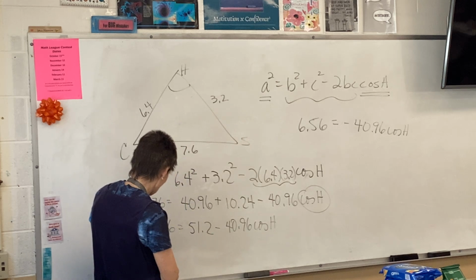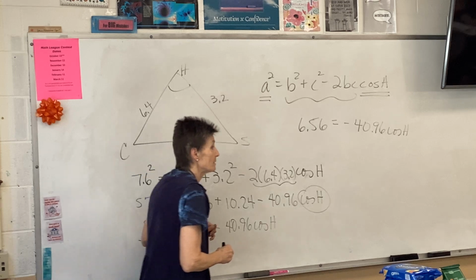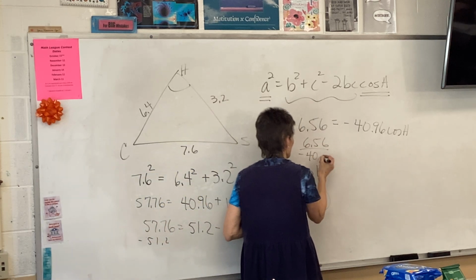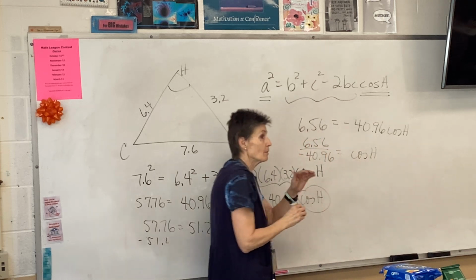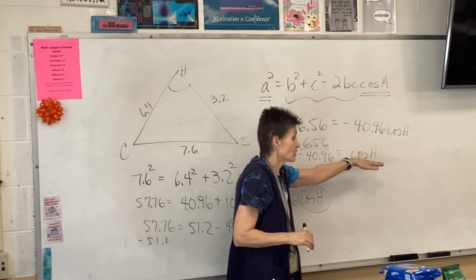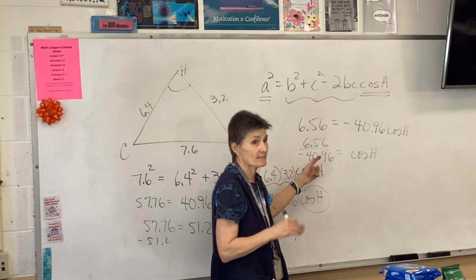Is that right? Yeah. Now what? Divide, so 6.56 divided by negative 40.96 equals cosine H. Hey, this is like a quiz problem we just did. That's cosine H. You can type that in, but it's not the answer, it's a decimal.